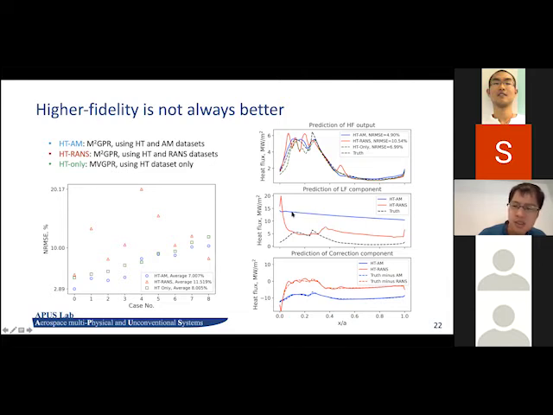While our analytical model is maybe overly smooth, it's capturing the dropping trend of the true high fidelity data set. And this difference in the low fidelity component gives a major challenge for the correction component of the multi-fidelity surrogate.